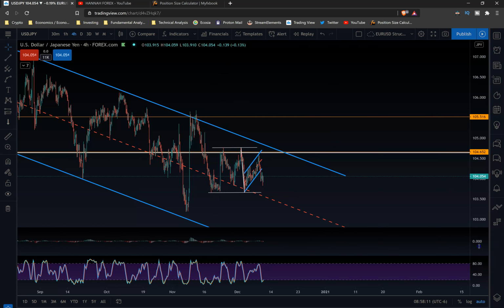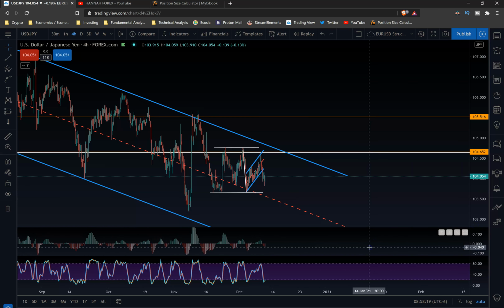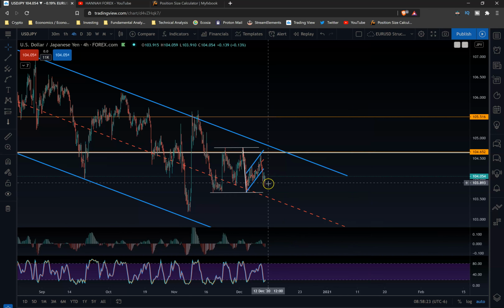Why does my MACD keep shrinking? I think it's because I go to the lower time frames. So I won't put a trade in here until it breaches this bottom area right here.